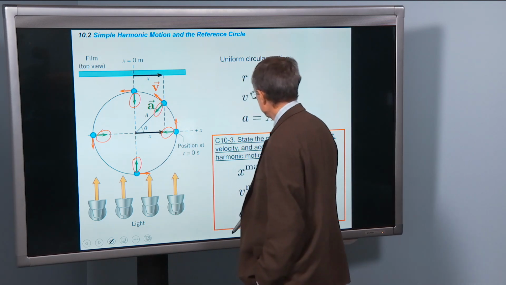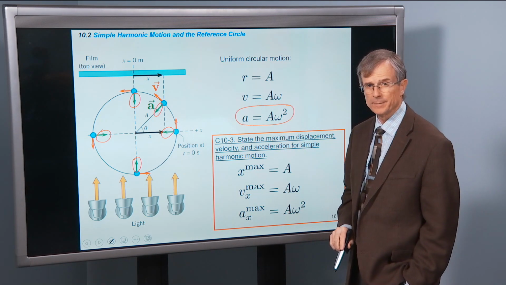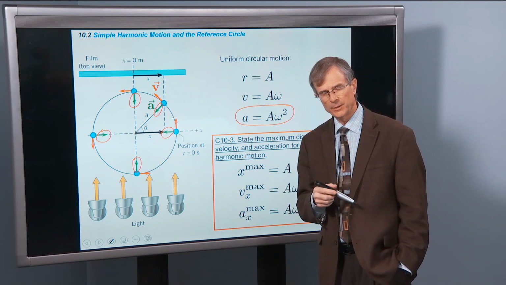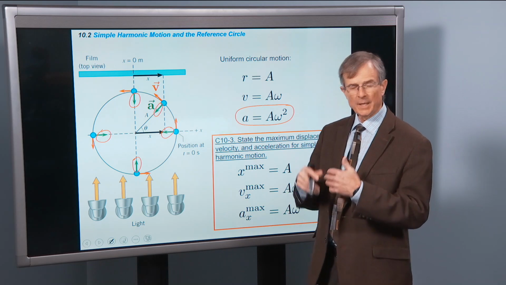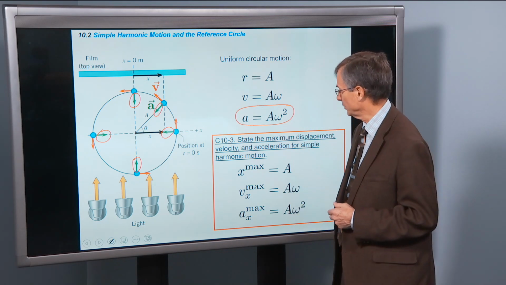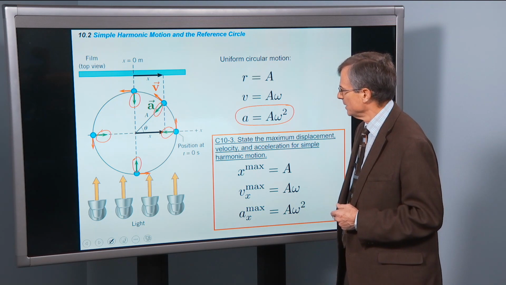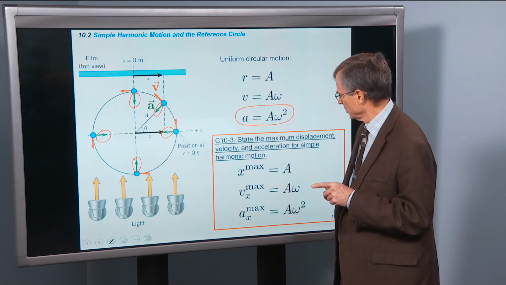And the magnitude of that acceleration is A omega squared, where omega is the angular frequency, aka the angular velocity of the object going around a circle. But that always points toward the center of the circle.